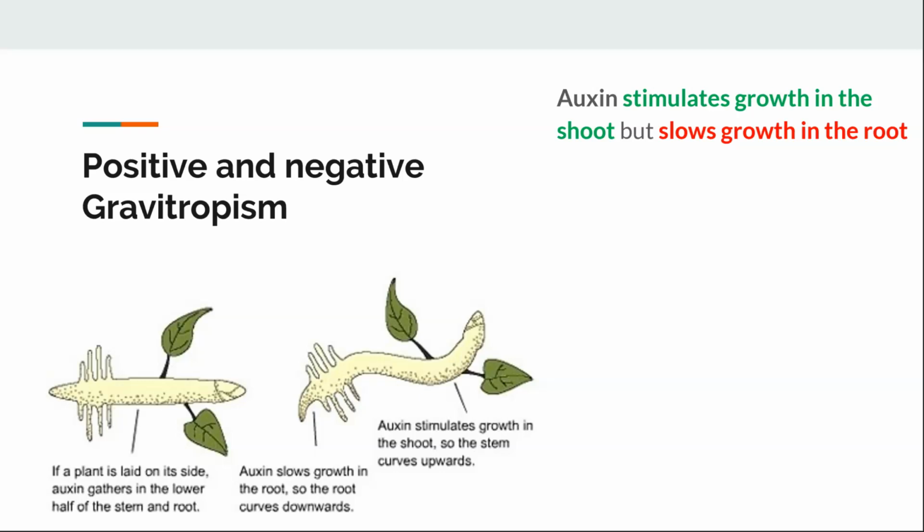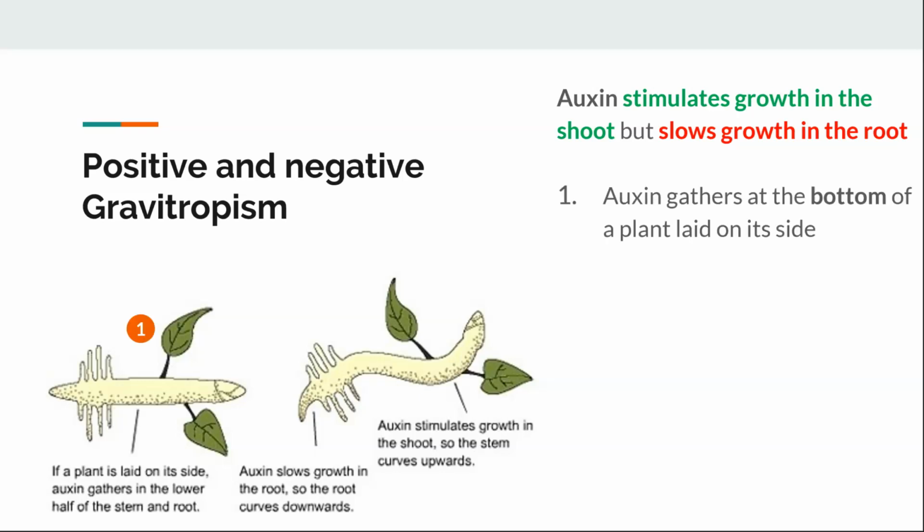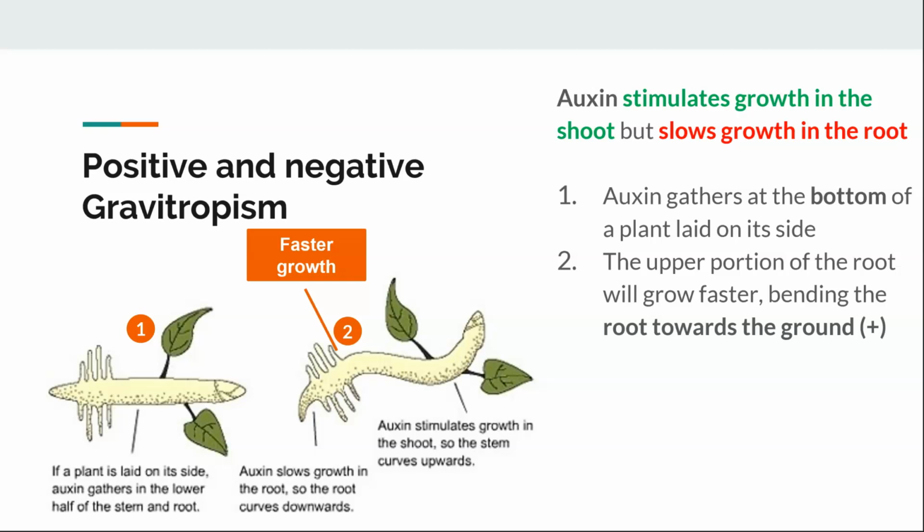Now, while auxin stimulates growth in the shoot, it will slow growth in the root. So, if a plant is laid on its side, then auxin gathers at the bottom portion of the plant. In the root, then, that bottom portion will grow slower, and this top portion without the auxin will grow faster, thus curving the root so it bends towards the soil.